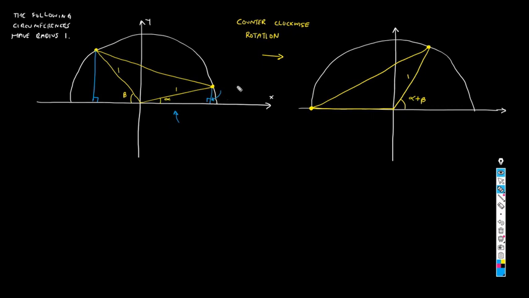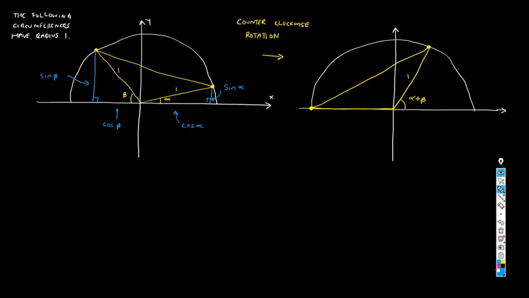This cathetus can be expressed as sine of alpha, and this cathetus can be expressed as the cosine of alpha, and the same for this other triangle. This cathetus in particular can be expressed as the cosine of beta, and this other one as the sine of beta.